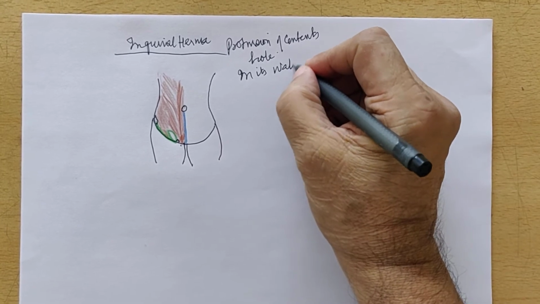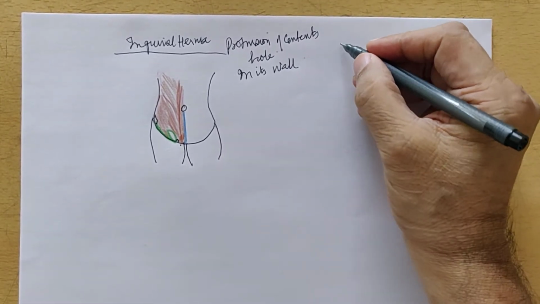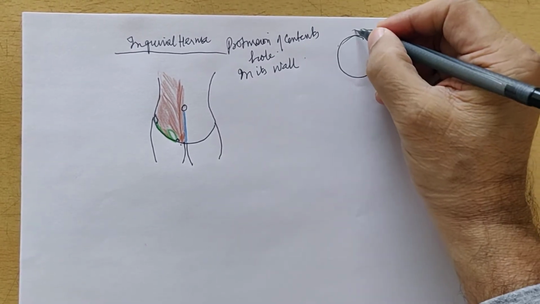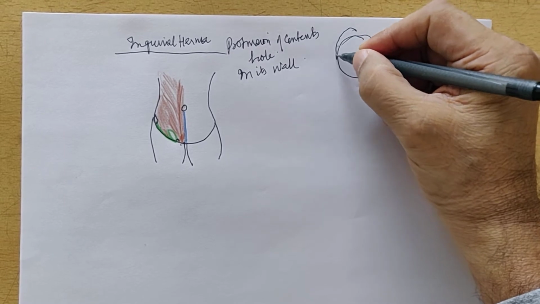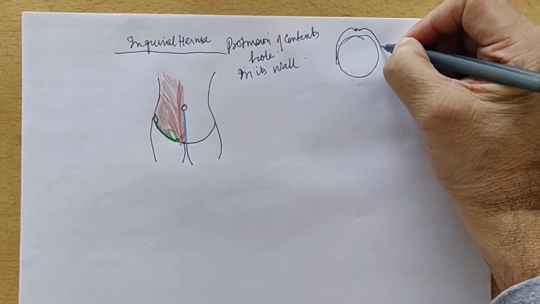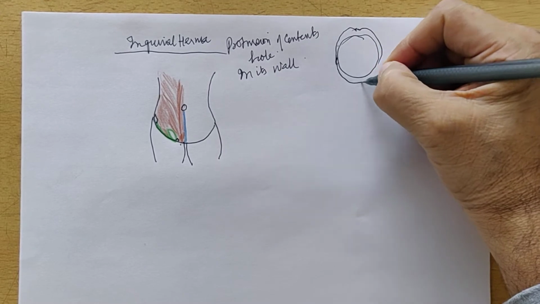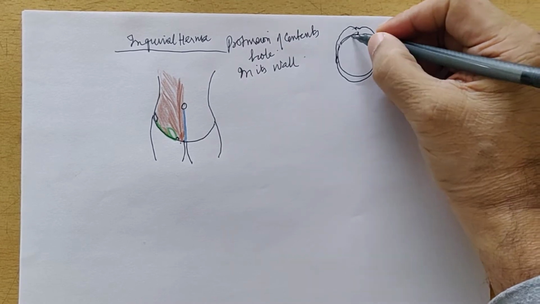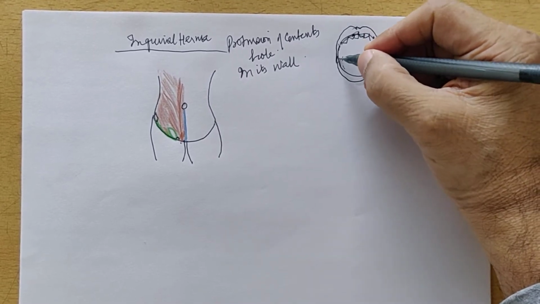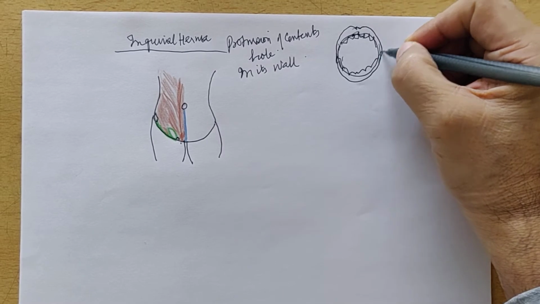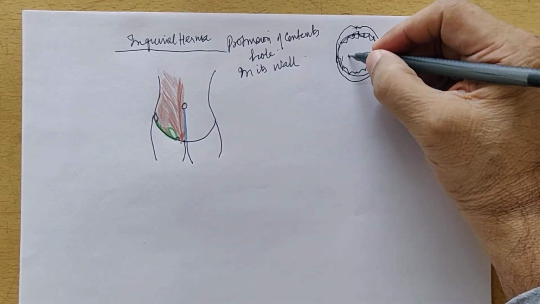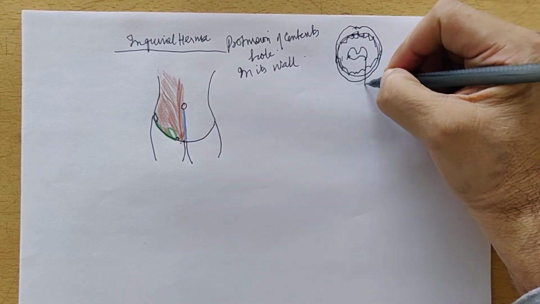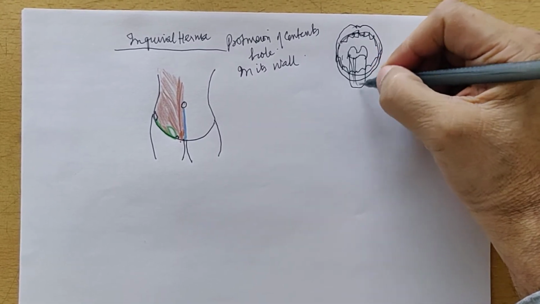As soon as we used to say this, our teachers used to make this diagram, and tell us, is this protrusion of the tongue a hernia?